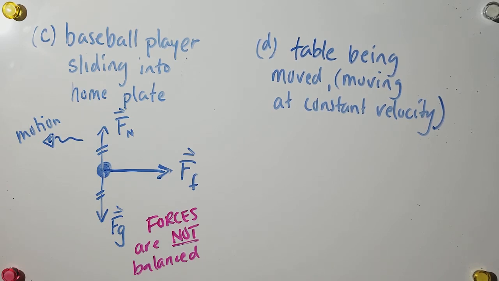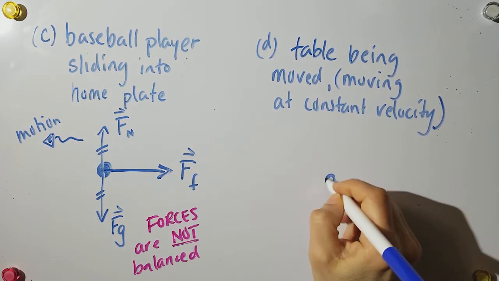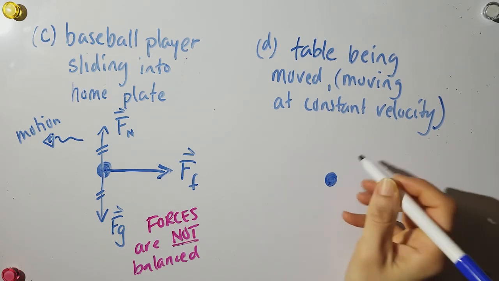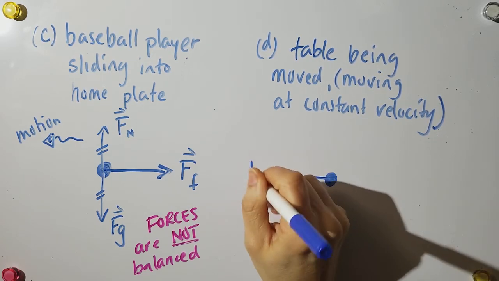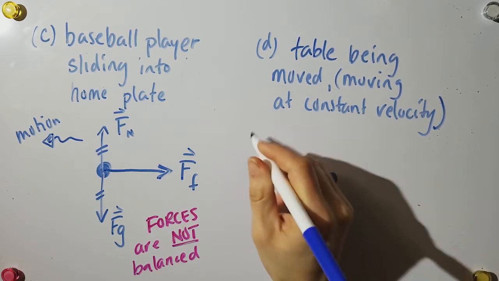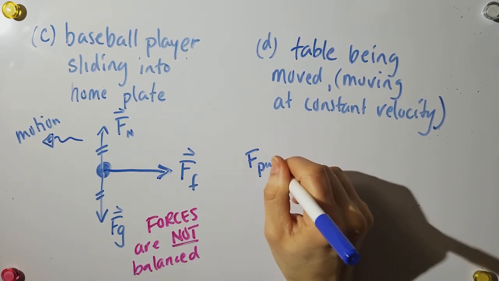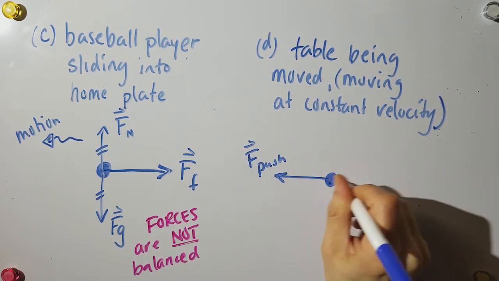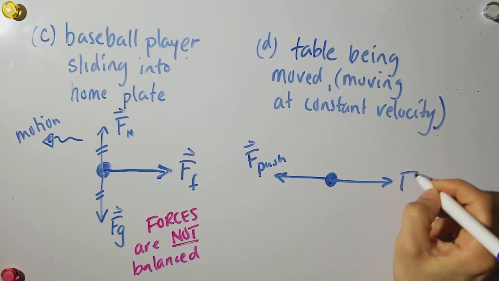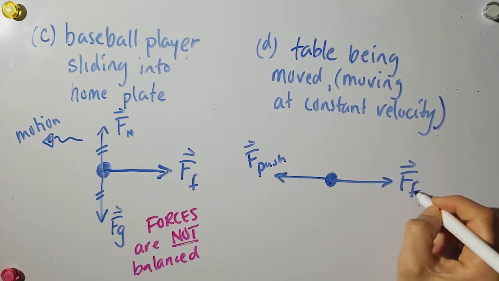All right, and last but not least, we have a table being moved, and it is moving at a constant velocity. So here is my table. It's being pushed. So it's F push. What's making it go at constant velocity? Well, there's friction.